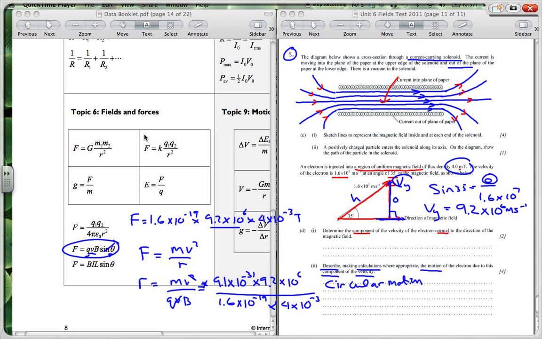When we work that out, it's about 1.3 times 10 to the negative 2 meters. So it's about 1.3 centimeters.